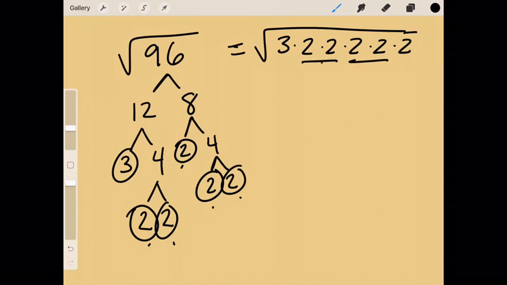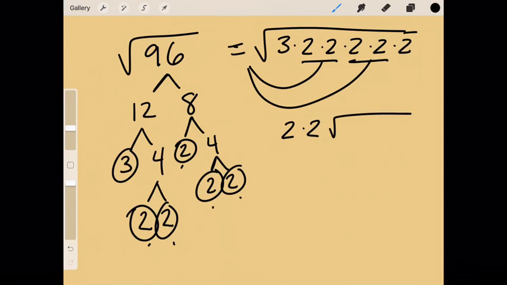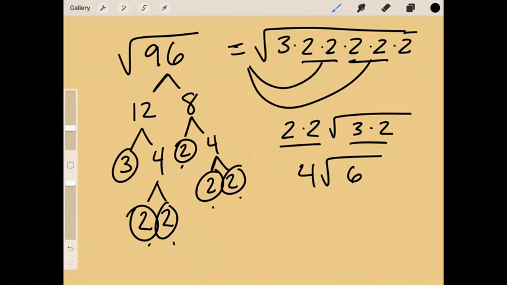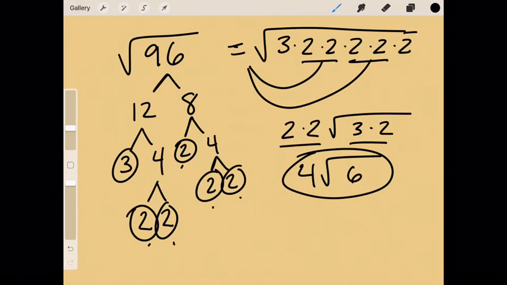There's a pair of 2's that can leave and a second pair of 2's that can leave, so they both leave. 2 times 2 is outside, and then we're left with 3 times 2 inside, and then that will become, finally, when you multiply everything that can be multiplied together, what is your final answer? Good. Our final answer is going to be 4 radical 6. And that is our final answer for the reduced version of square root of 96.